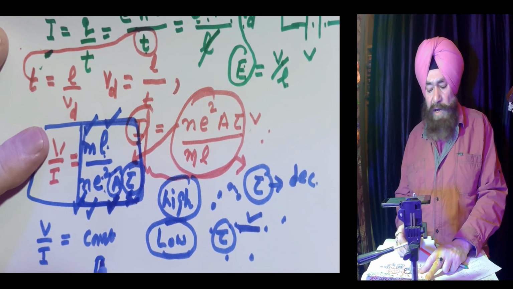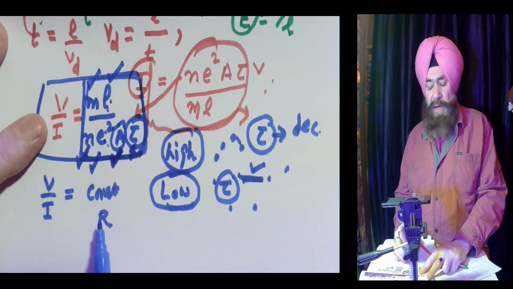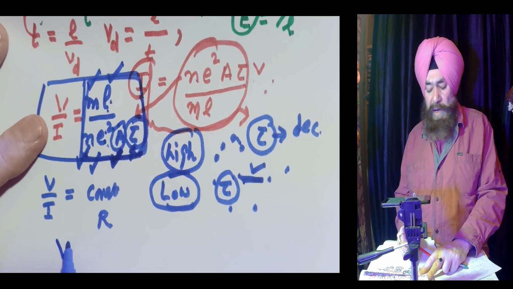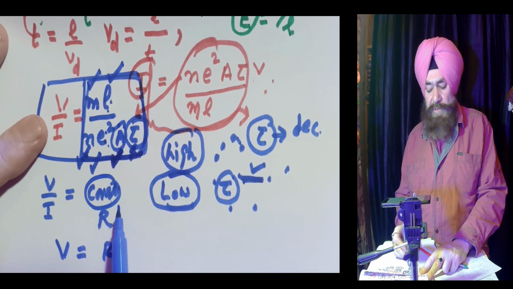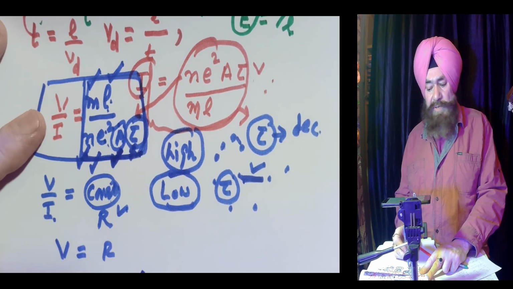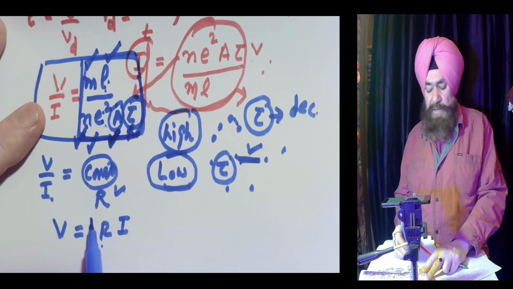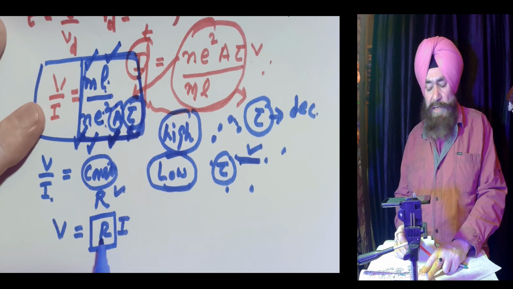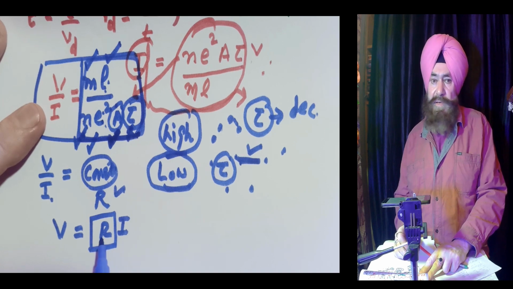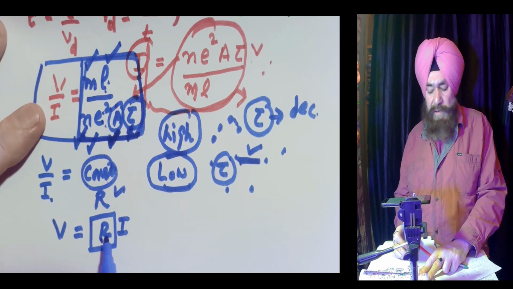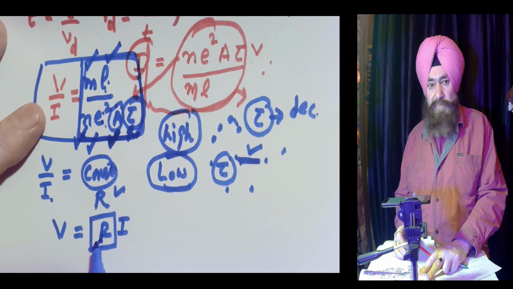Let us call it R. This constant is called R, and taking I to the other side, V equals R into I. This constant is called the electrical resistance of the conductor.